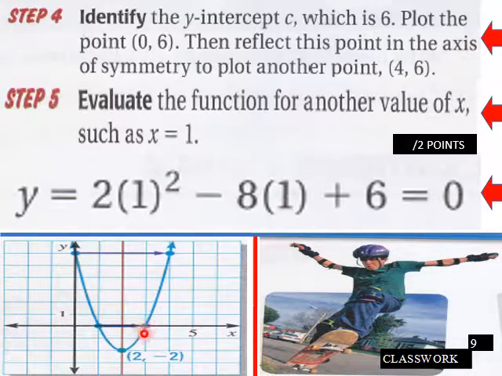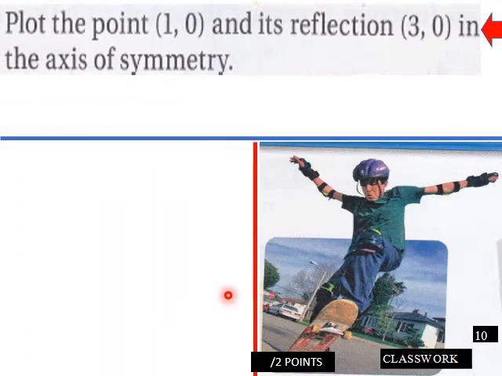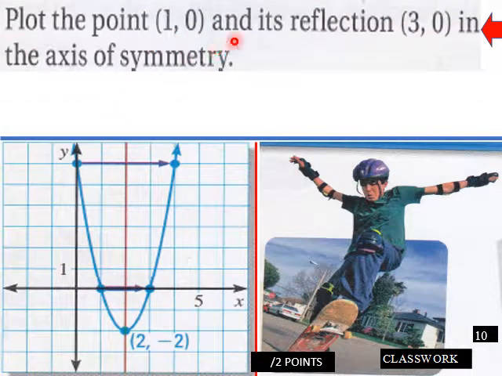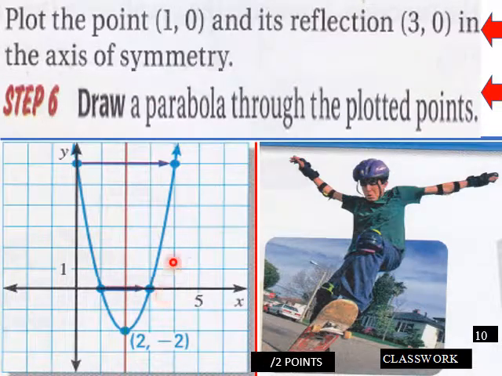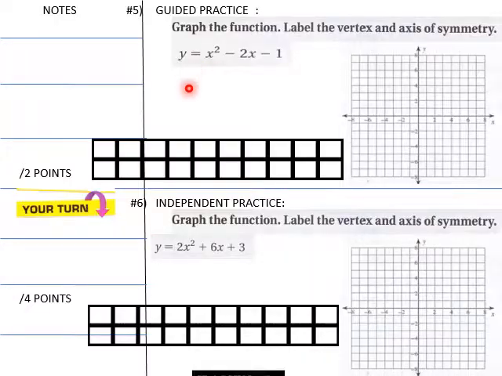So we can plot these 2 points as well: plot the point (1, 0) and its reflection (3, 0) across the axis of symmetry. Then we just go through and sketch it. Draw a parabola through the plotted points. If you don't want to use your calculator, this is the way you do it.